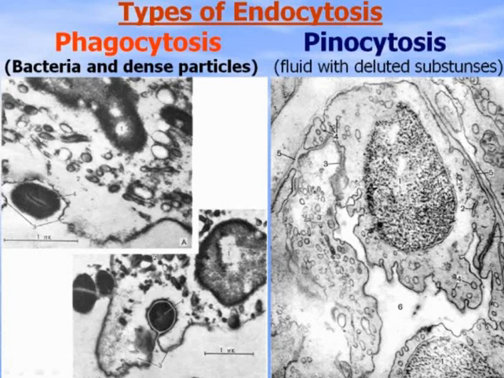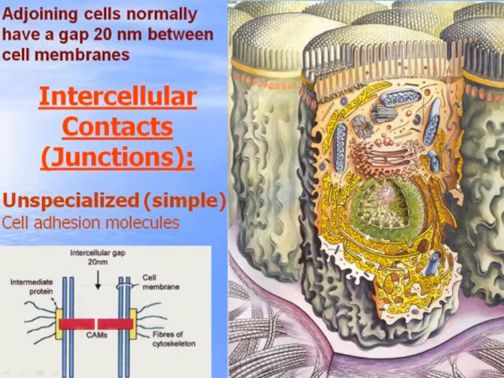And pinocytosis is the transport of fluid, droplets of fluid, with diluted substances. Germinal cells normally have a gap of about 20 nanometers between cell membranes.